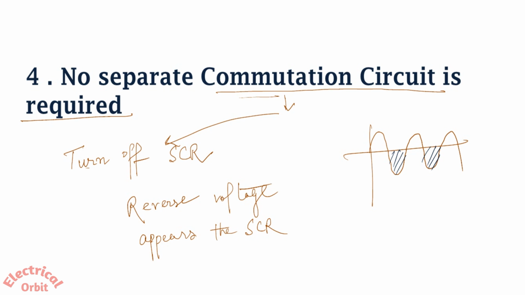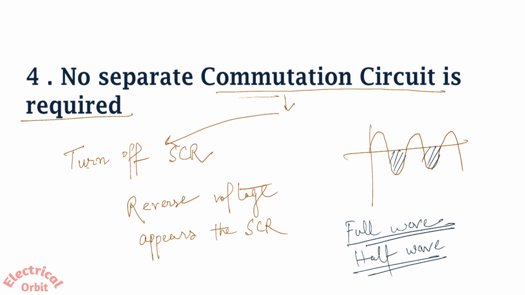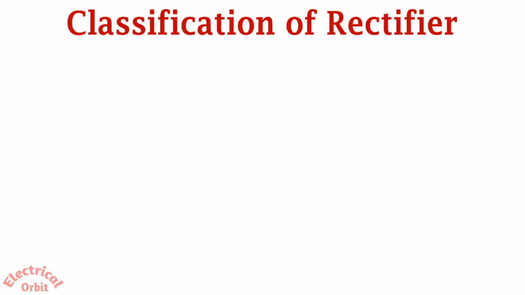We can turn off the thyristor pairs for full wave rectification or a single thyristor for half wave rectification. So again, it's economical. So these are a few reasons why the rectification process has switched from ignitron to SCR. Clear?